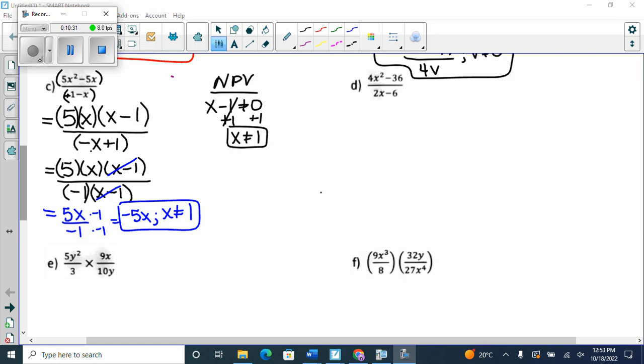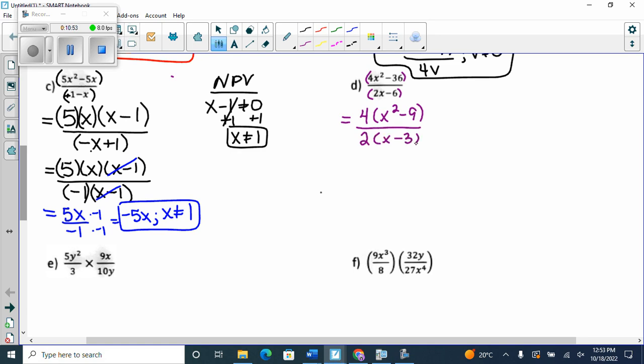Okay, so we have a basic simplifying one. It's a binomial over a binomial, so the only thing I can do is GCF or difference of squares. The top I can take out a 4, and then I'm left with x squared minus 9. And the bottom I can take out a 2, and I'm left with x minus 3.